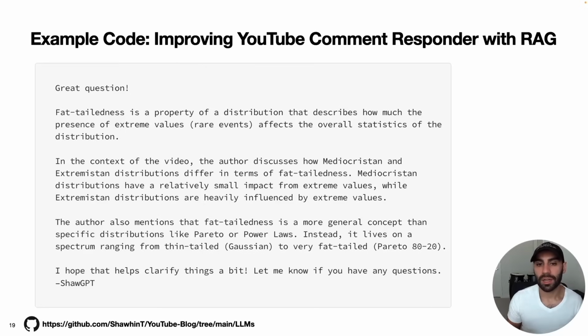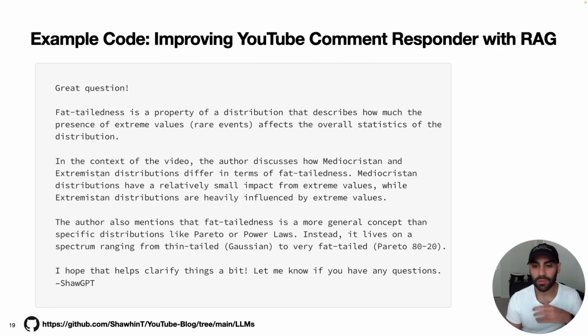Here's the model's response when we include context using RAG. "Great question. Fat-tailedness is a property of a distribution that describes how much the presence of extreme values, rare events, affects the overall statistics of the distribution. In the context of the video, the author discusses how mediocristan and extremistan distributions differ in terms of fat-tailedness.